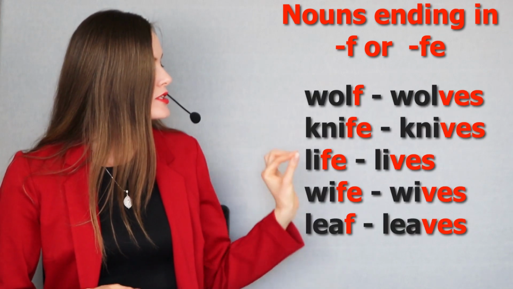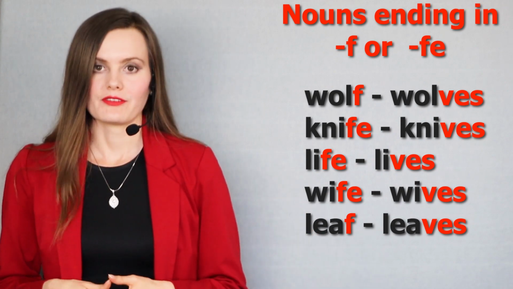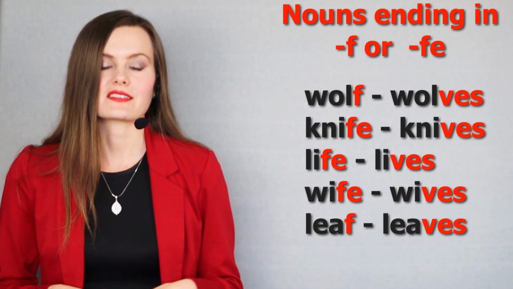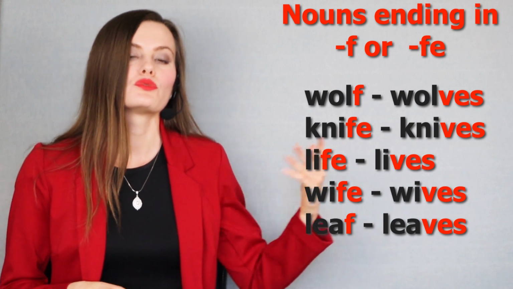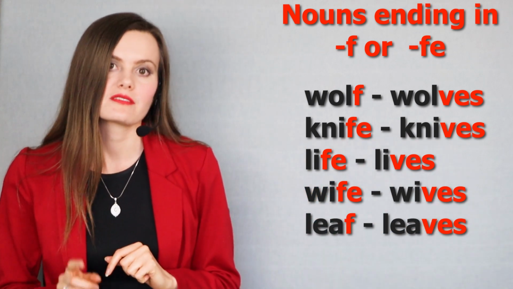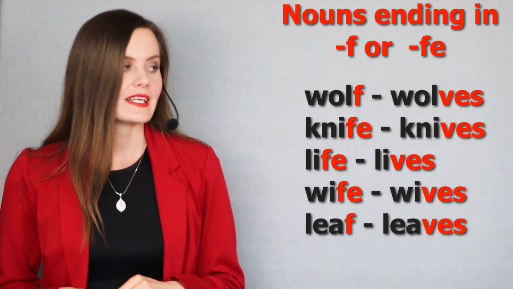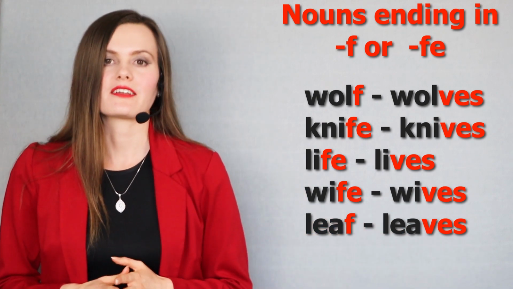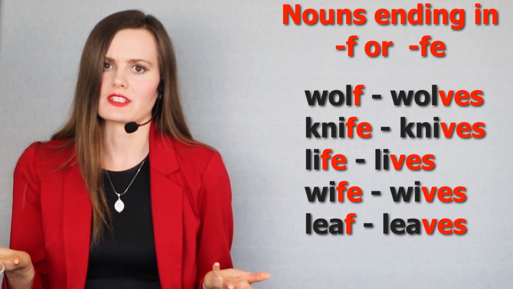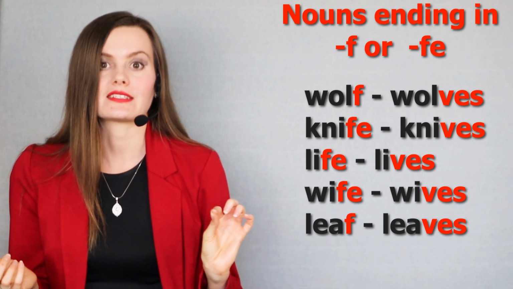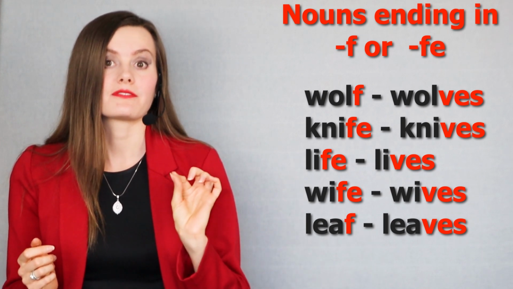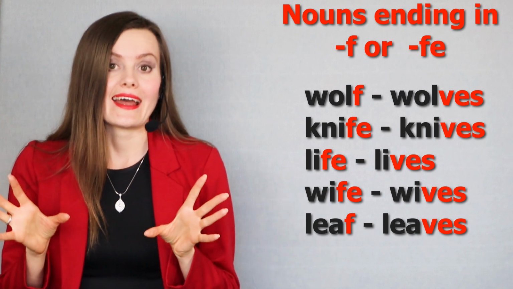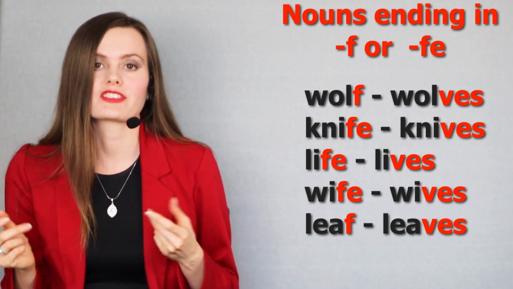Let's look at these examples. The first word I already told you, and this is wolf, wolves, not wolfs, right? Next word is knife, knives, not knifes. It's even hard to pronounce it, right? I think you understood that this rule arose because of the difficulty of pronouncing f and s together.